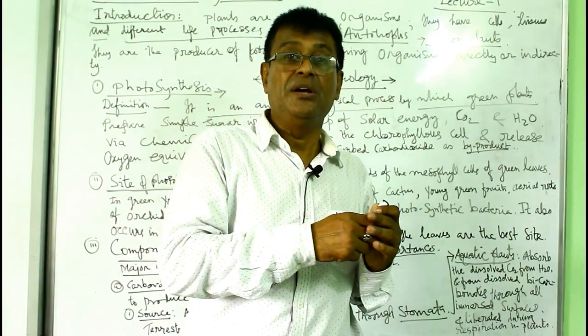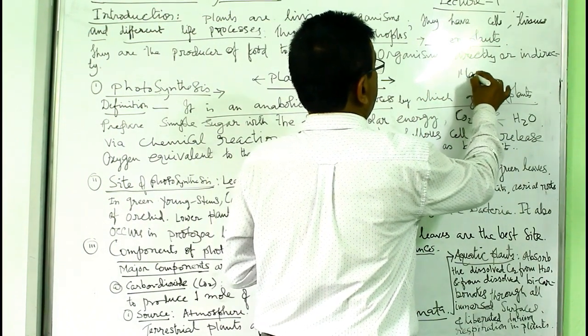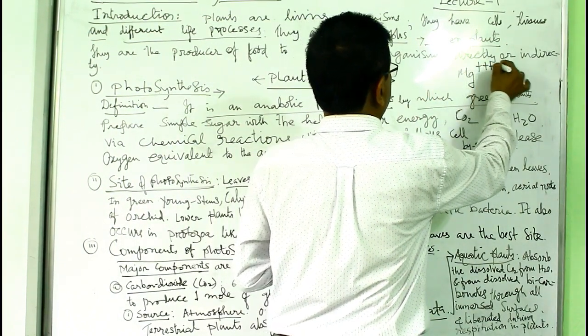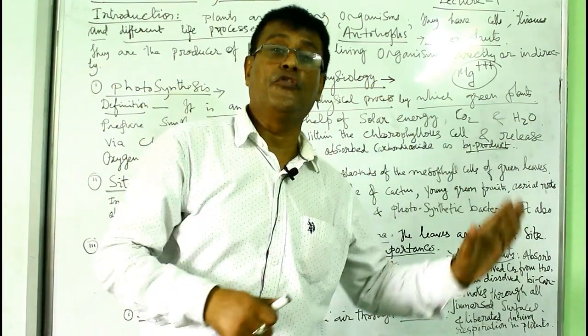We write it as Mg, the formula of magnesium, with a triple plus sign, because this is magnesium chelate.